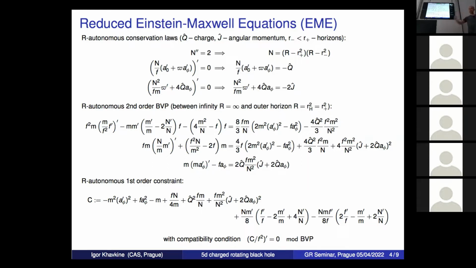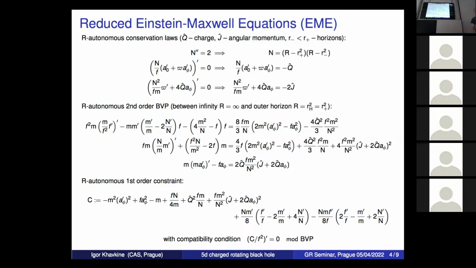But on top of that, once you eliminate these second derivatives from the remaining components of the Einstein-Maxwell equations, there are still some components left. And they can be described as a first order constraint. So when you solve the BVP part of your equations, you need to check that your solution still satisfies this extra first order constraint.